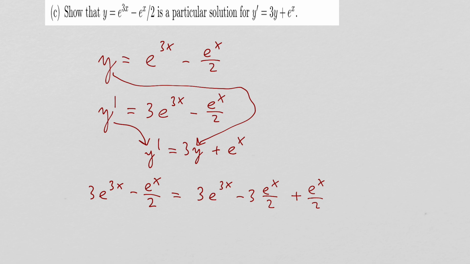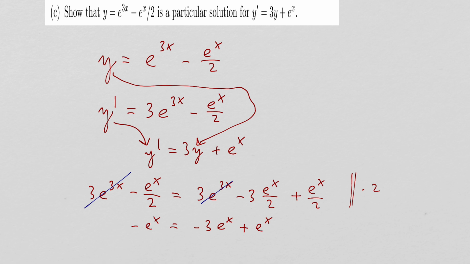Okay, how does it seem now? These terms will cancel out, and maybe we multiply both sides by 2, we would get minus e to power x is equal to minus 3 e to power x plus e to power x.